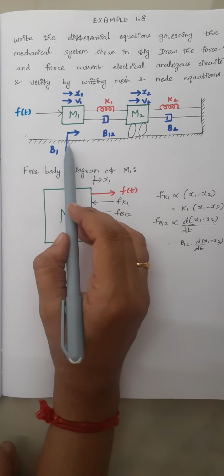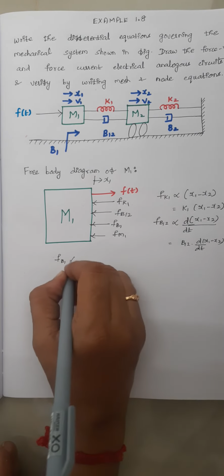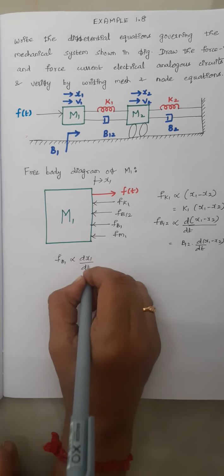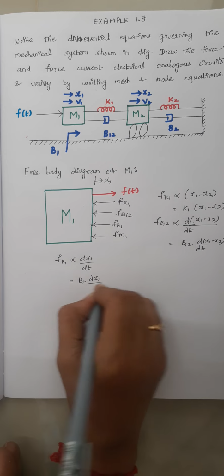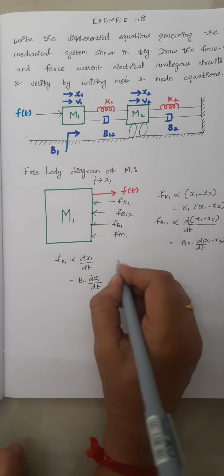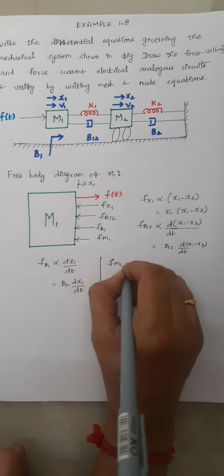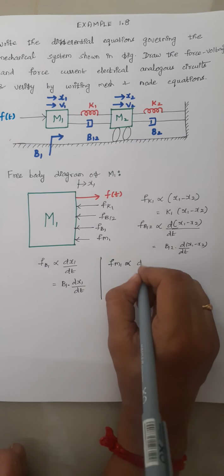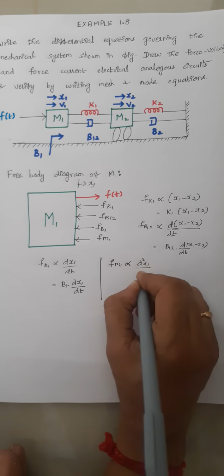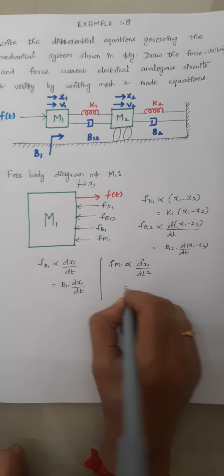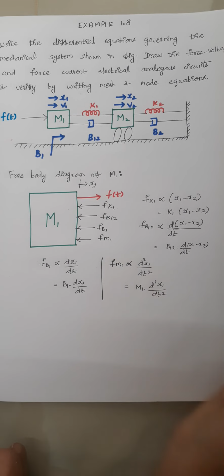B1 is connected only with mass M1, so Fb1 is directly proportional to dx1 by dt, which becomes B1 into dx1 by dt. The last one is Fm1, which is directly proportional to the acceleration, so it is m1 into d square x1 by dt square.